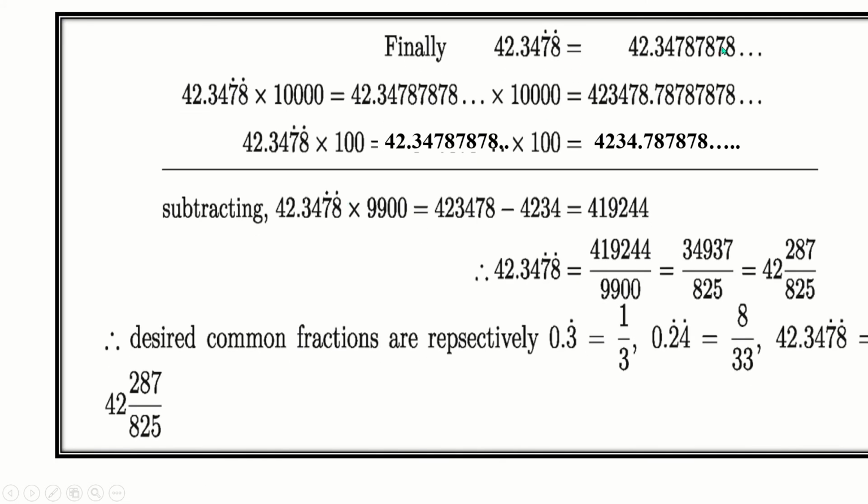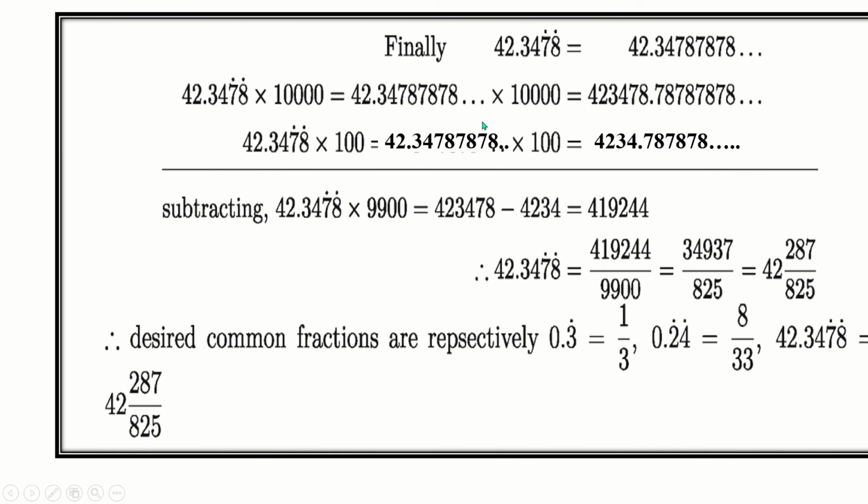Finally, this one: after the decimal point there are 1 2 3 4 digits, so we have to use 1 2 3 4 zeros. Multiplying this we get this part.